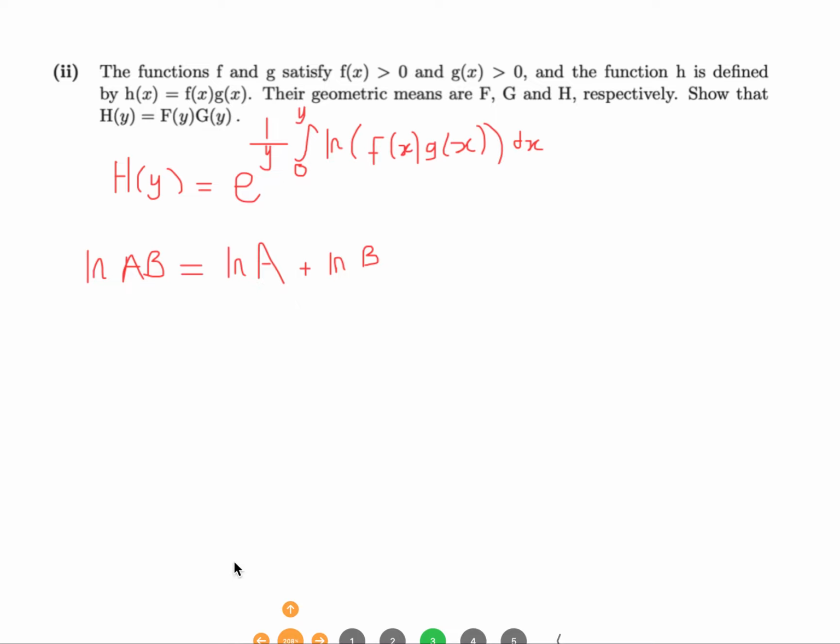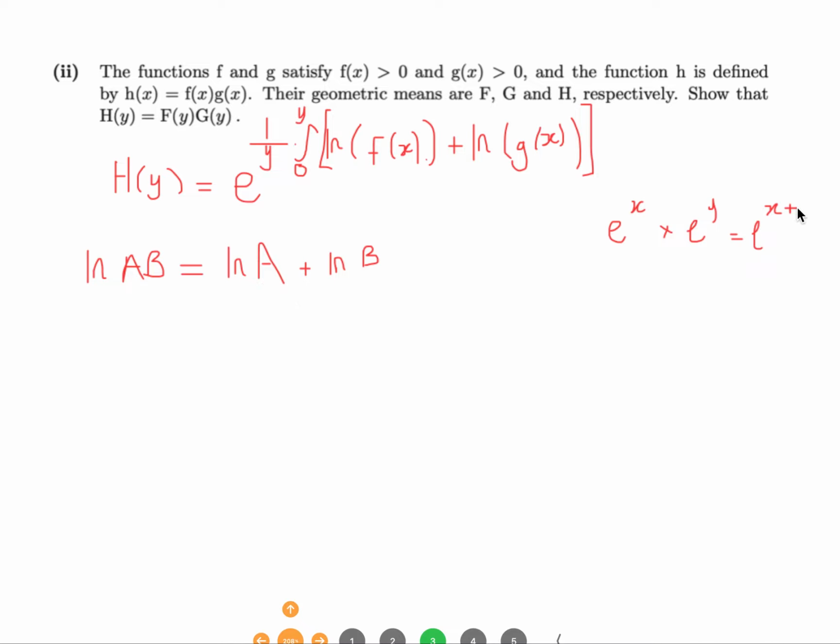Instead of rewriting it, if I just rub that bit out, what we'll end up with is, let's put another bracket around this, ln of g of x. And once again, as this is all multiplying together, we should know that e to the power of x times e to the power of y gives you e to the power of x plus y.